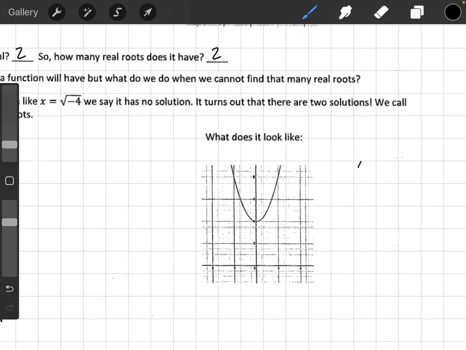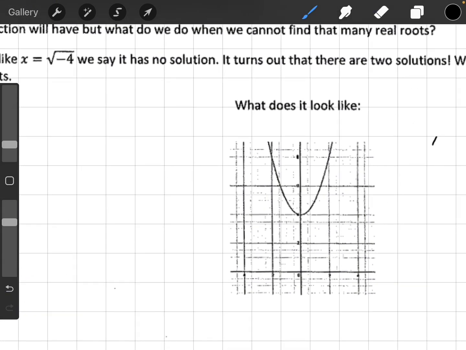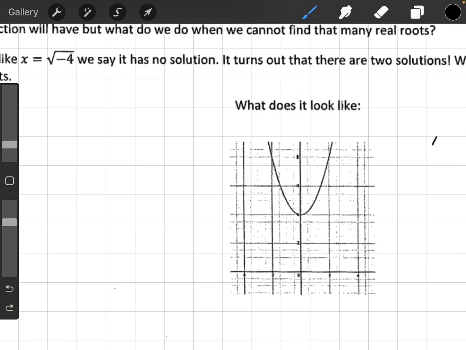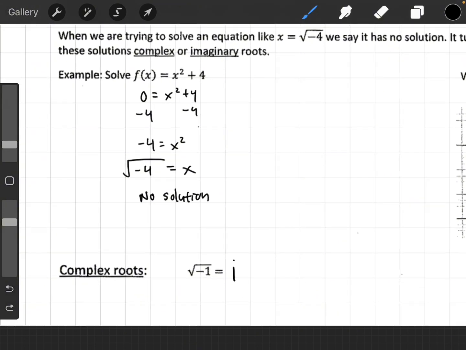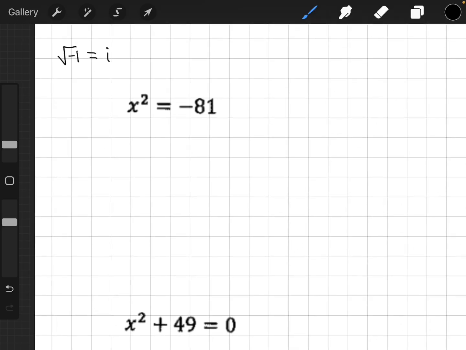And in fact, when f of x is equal to 0, there's nothing here, because this function doesn't cross the x-axis. So complex roots look like this, with a negative square root, which we notate as i. So now that we know that the square root of negative 1 is equal to i, we can solve some of these equations.